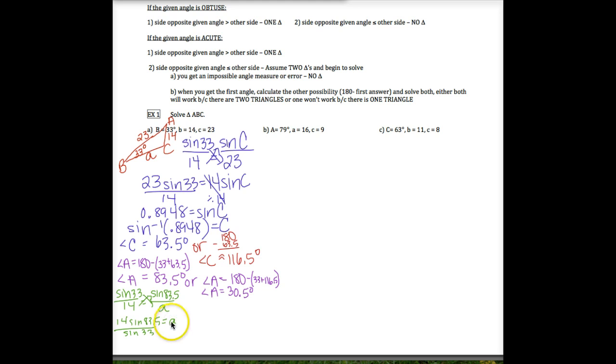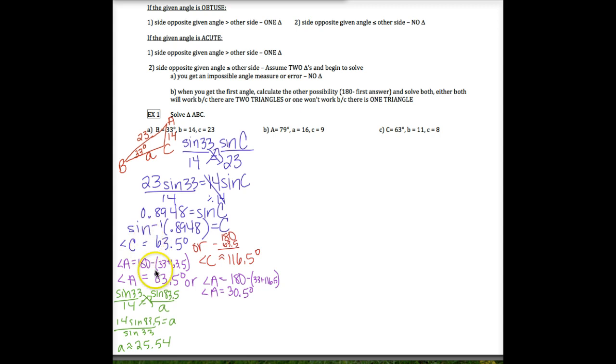That's going to give me my measure of A. In this case, A is a side, so I don't have to do any inverses here. I get A is about 25.54.